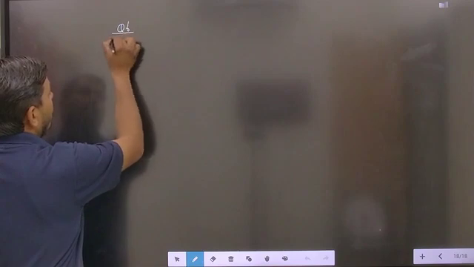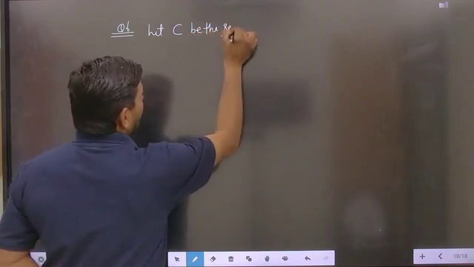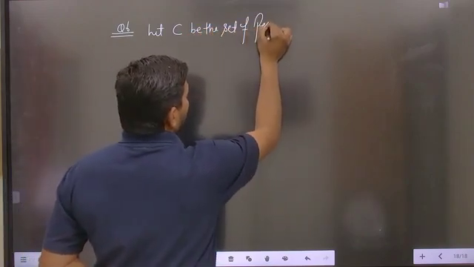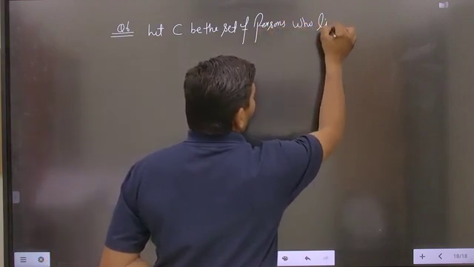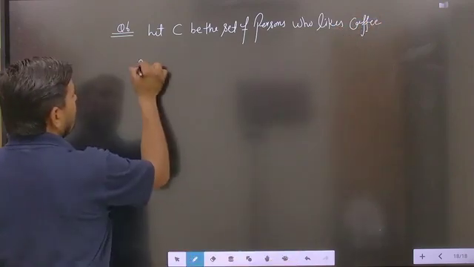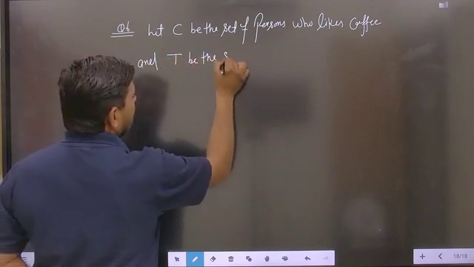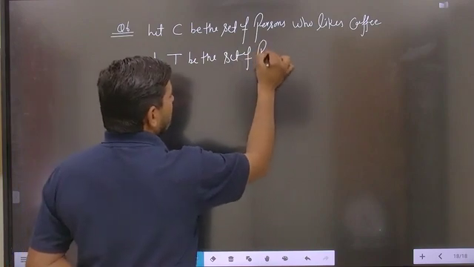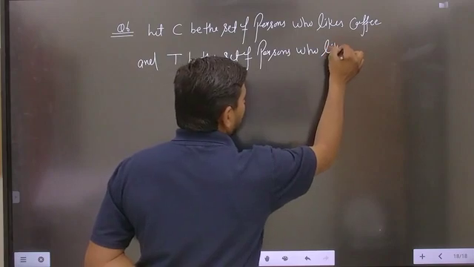In this question number 6, let C be the set of persons who like coffee. Is it clear? And let T be the set of persons who like tea.